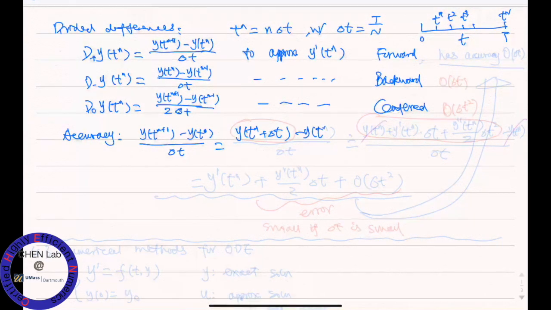And a very simple Taylor expansion of the first guy leads us to y at Tn plus y prime at Tn times what?